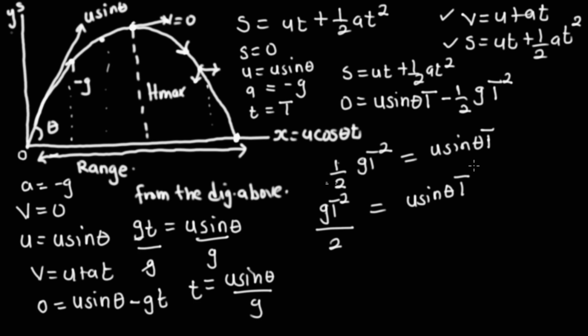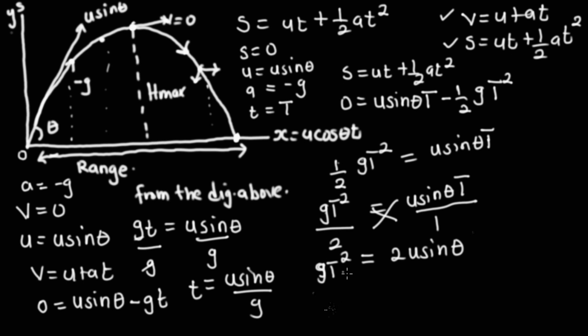Whenever we have an equality sign, we cross multiply. This will multiply this, this will multiply this. It's going to give us gt squared equal to 2u sine theta t. We're going to make the t which we are looking for stand alone, and we're going to be dividing through by gt. g will cancel out g, and t will cancel out t, and reserve a 1t, divided by gt. This t cancels this t.